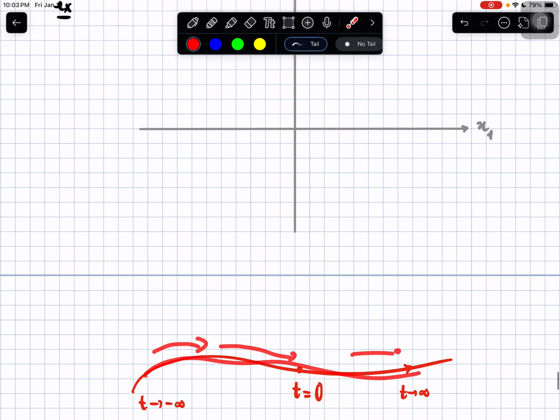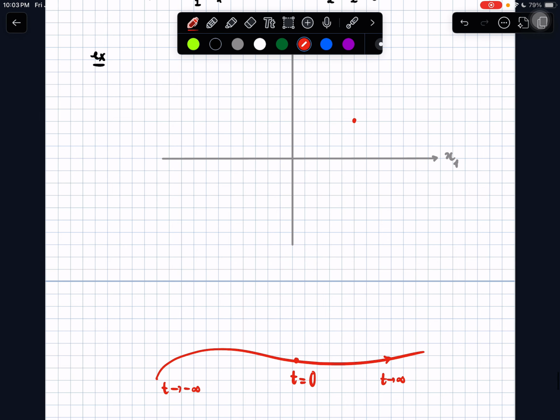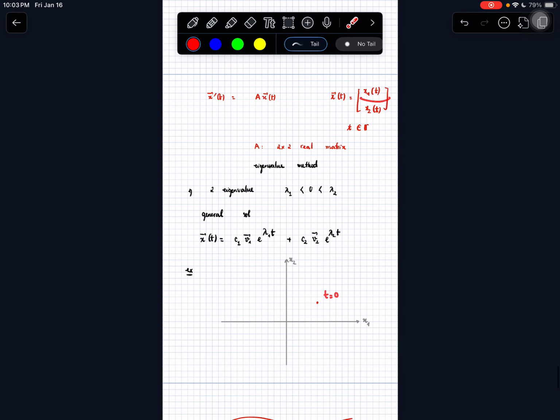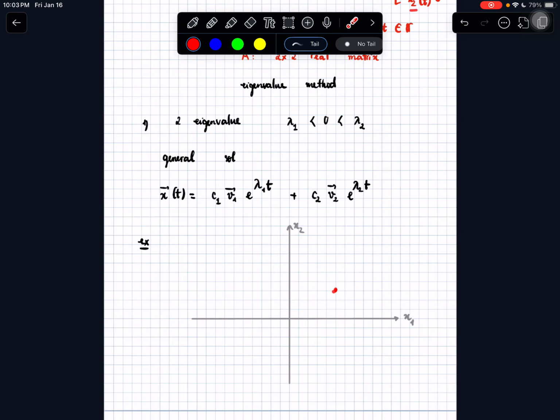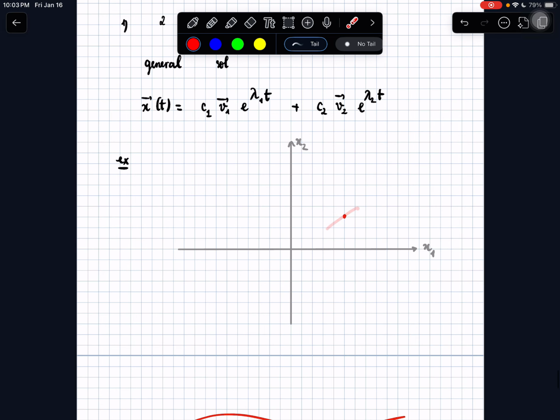For t equals 0, the vector x(0), (x1(0), x2(0)), corresponds to this point. Then depending on how it goes, it follows the eigenlines.